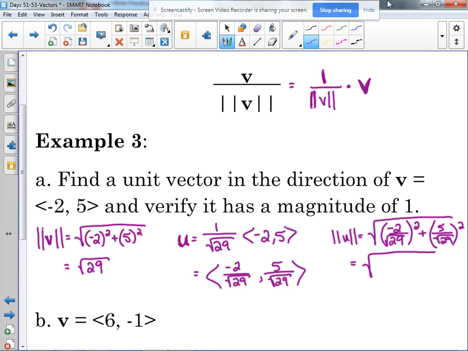When you square a fraction, you square the numerator and you square the denominator. So that's going to be 4 over 29 plus 25 over 29. They have the same denominator, so we can add their numerators. So that's 29 over 29, which is, of course, 1. And the square root of 1 is 1.